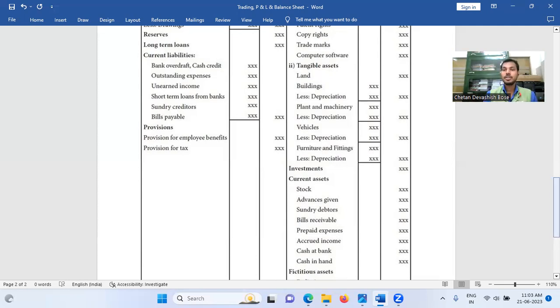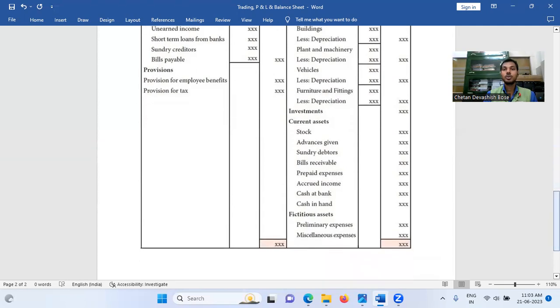Now, let us see the entries that we could see in current assets. It includes closing stocks, any advances given, sundry debtors, then we have bills receivable, prepaid expenses, cash at bank or in hand, any kind of fictitious asset. So they all are part of your current assets. I would take an in-depth session on fictitious asset in order to make you realize what exactly it is.